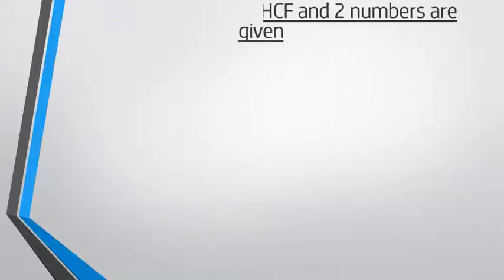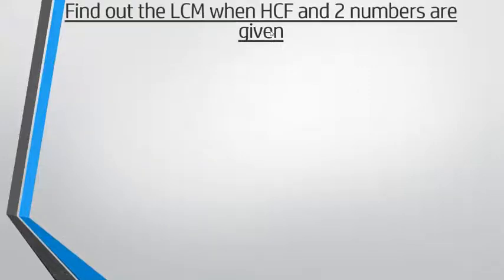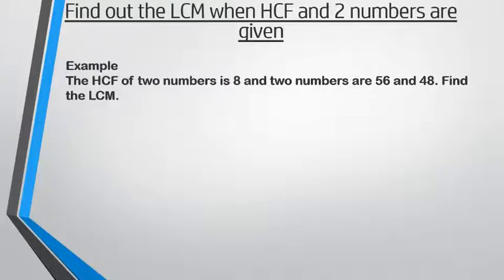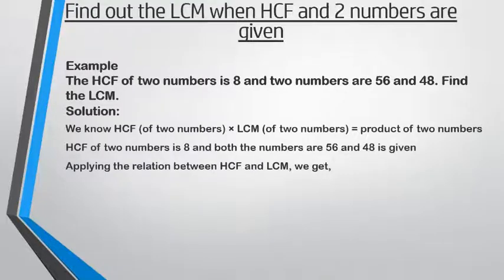Now we will learn to find the LCM when the HCF and two numbers are given. We'll learn by an example. The HCF of two numbers is 8 and the two numbers are 56 and 48. Find the LCM. We know that the HCF of two numbers into the LCM of two numbers is equal to the product of both numbers.